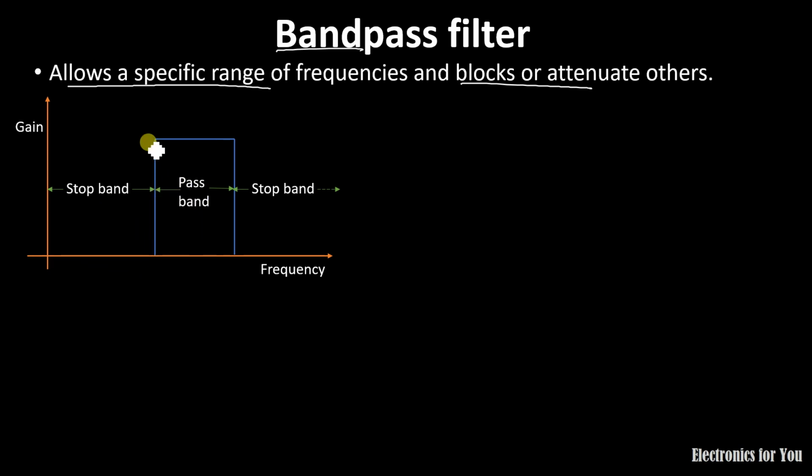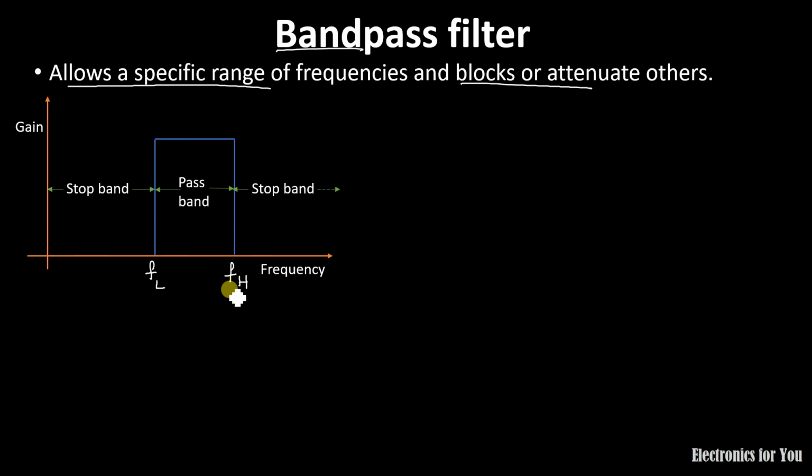Now look at this portion. This portion just looks like a frequency response for the high pass filter. For the high pass filter we have the lower cutoff frequency, and for the low pass filter, look at this range, it looks like the low pass filter, so it has FH, that is the higher cutoff frequency.